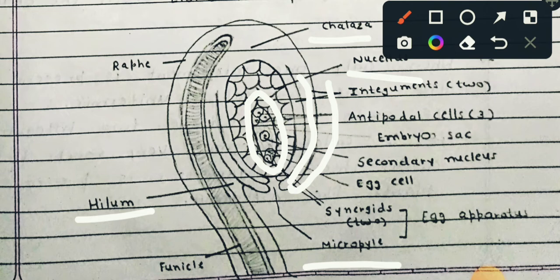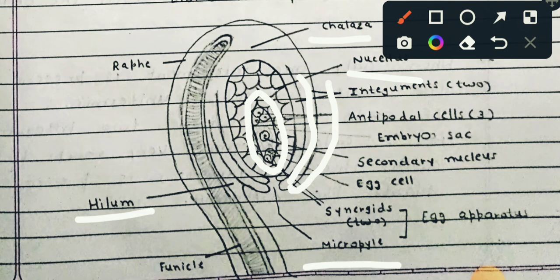On the basis of the presence of integuments, ovule is of three types: unitegmic, bitegmic or tritegmic. In the embryo sac at the micropylar end, there are two synergid cells that are N in ploidy, and there is one egg cell that is also N in ploidy.